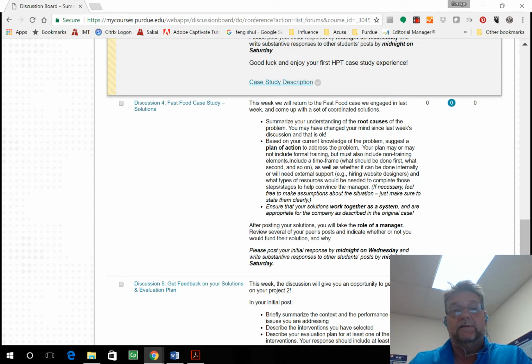Now week 4, discussion 4, we're going to dive further into our fast food case study, and we're going to be summarizing the root causes. Now remember, there are generally multiple root causes, so I tend to stay away from the phrase root cause and just talk about causes, because there are usually many.